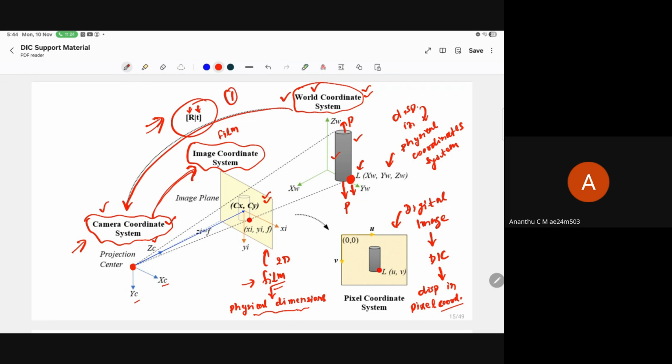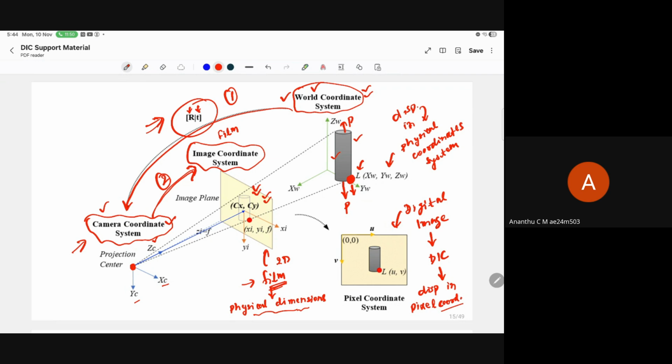So that is another transformation. The first transformation is from the world coordinate system to the camera coordinate system. The second transformation is from the camera coordinate system to the film coordinate system or image coordinate system. Once the image is formed on the camera film, you store the image in the computer, and that is your final digital image.